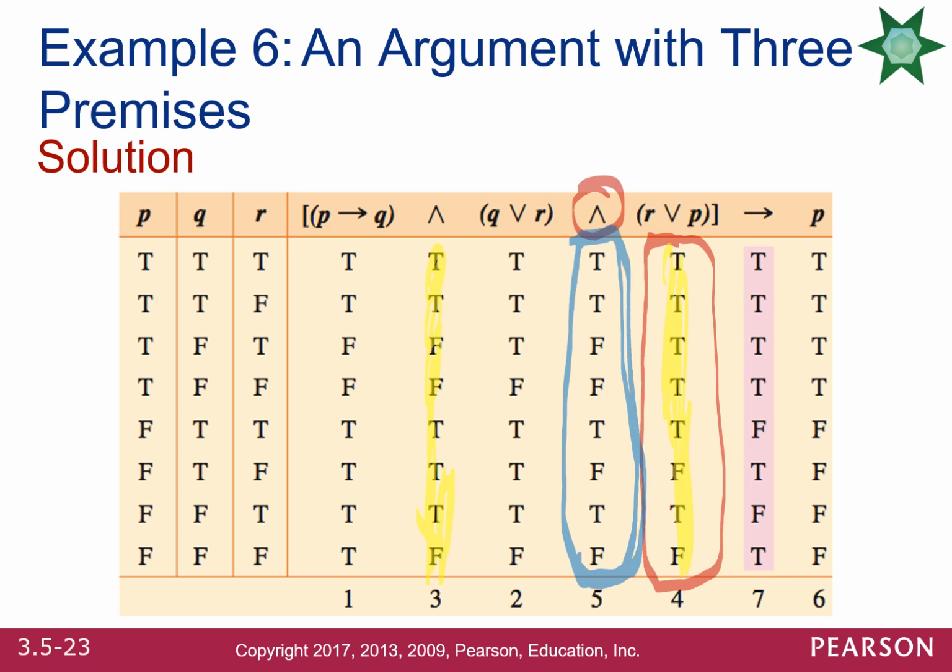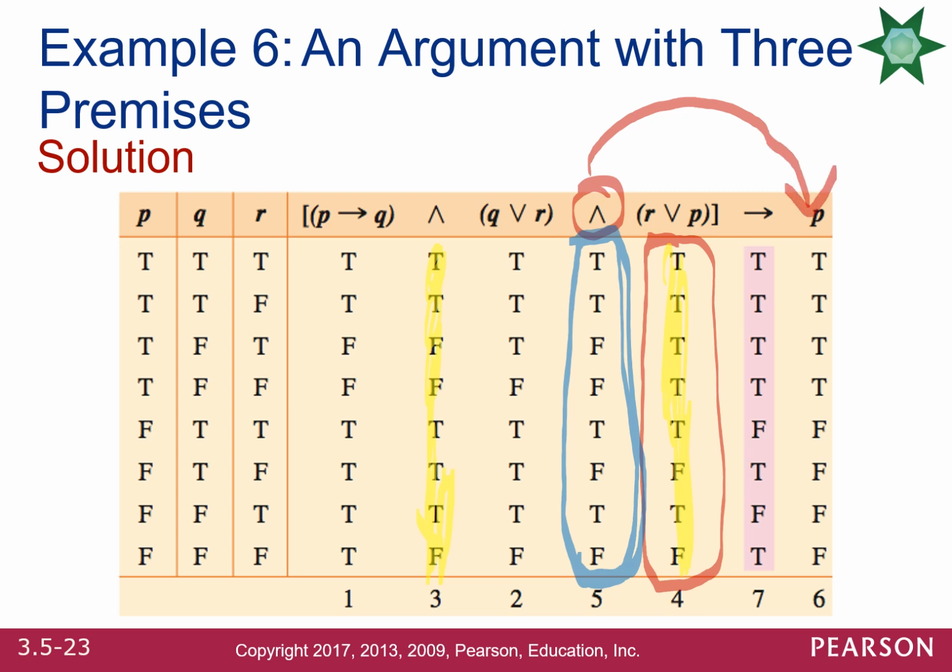Now we will go to step 6, which is just writing the values of P from the first column. And once we do that, we are going to evaluate the conditional here. This time we are evaluating the conditional of these two.